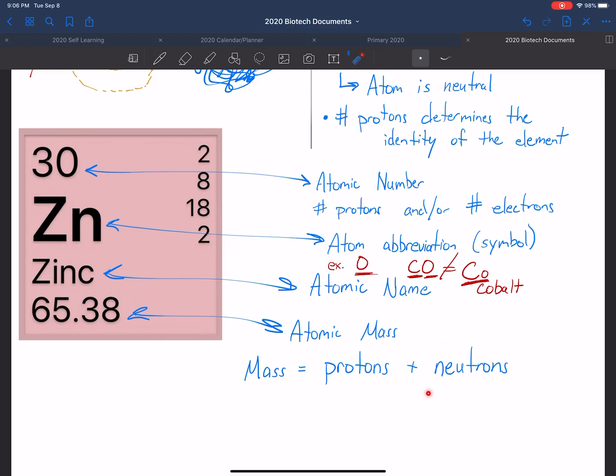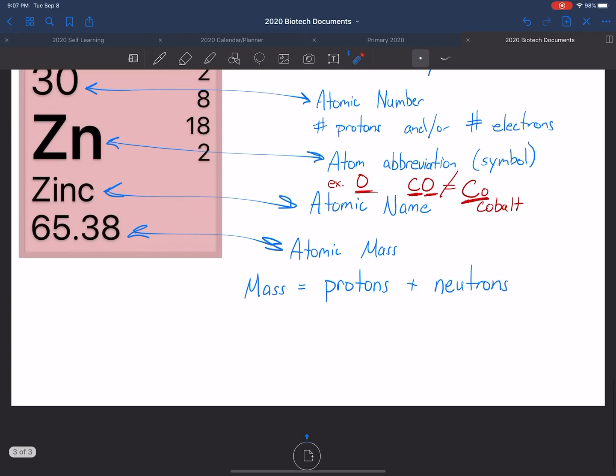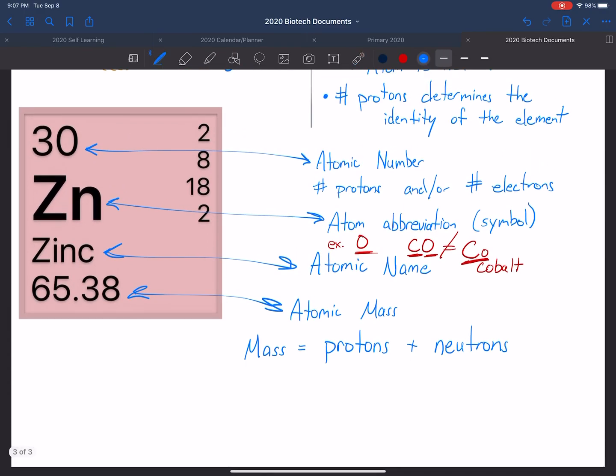But we can figure that out because we have the mass, 65.38, and we have the number of protons, 30. So we can do some simple math and rearrange this here to figure out our number of neutrons. So our mass is 65, and I'm just going to round.